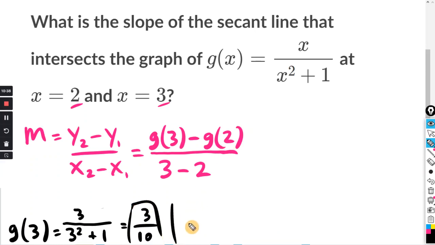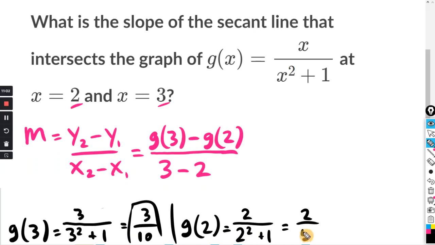Now let's do g of 2. We have 2 divided by 2 squared plus 1. So we have 2 in the numerator. 2 squared plus 1 is 4 plus 1, that's 5.